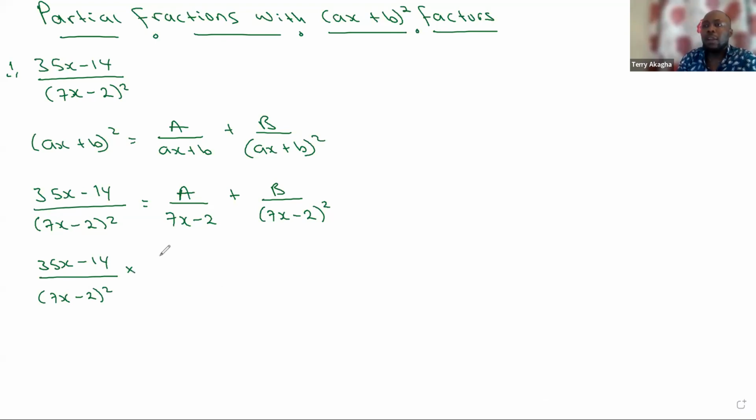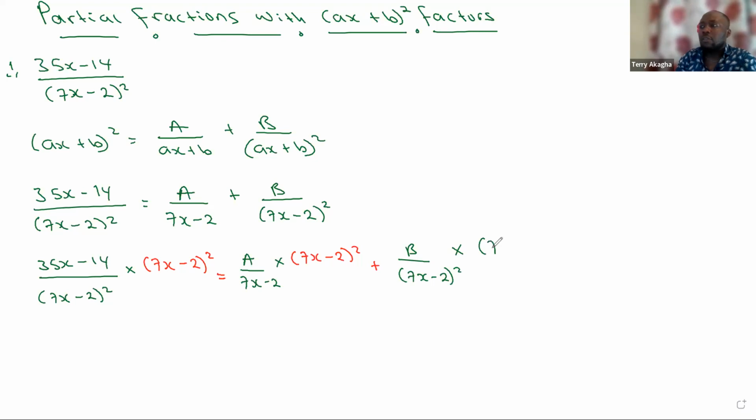I told you, you have to multiply both sides by 7x minus 2 all squared, and that'll be equal to a over 7x minus 2 multiplied by 7x minus 2 all squared, plus b over 7x minus 2 squared multiplied by 7x minus 2 all squared.